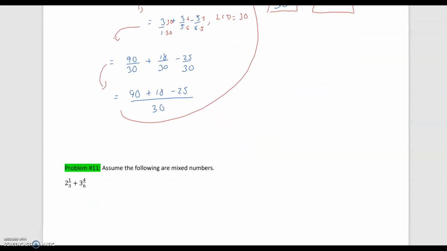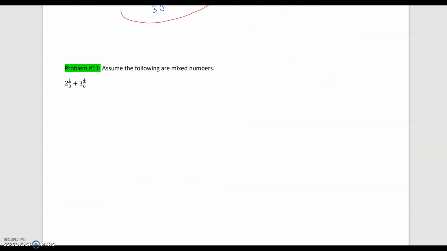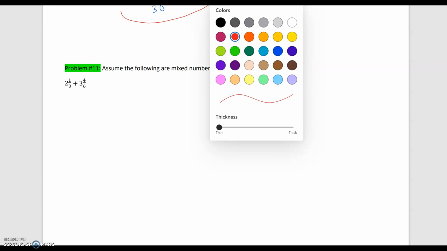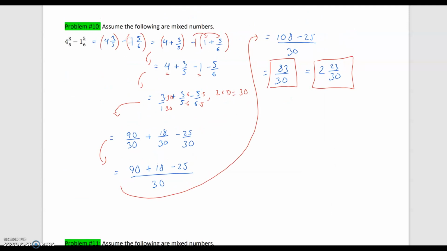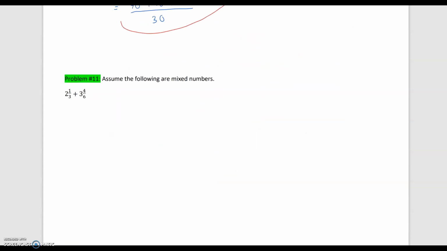Let's move on to another mixed number. And then here I see a minor problem. It's not a problem, but when we're carrying out the subtractions or additions, you're going to end up with an LCD. So what I see on problem 11 is that the 4/6 reduces.